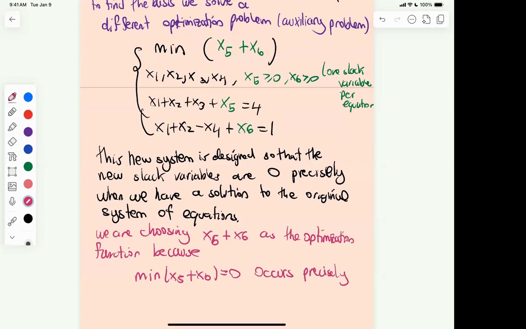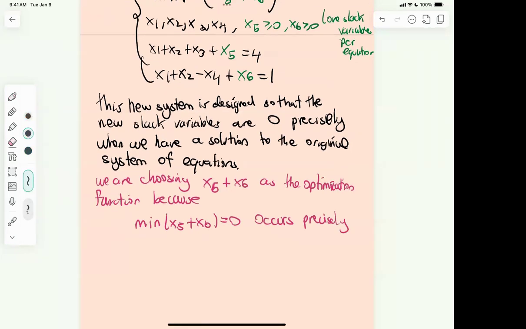They add up to zero if each of them is individually zero, right? So the basic feasible solutions of the original problem are the same as those solutions that minimize this function with the minimum being zero.